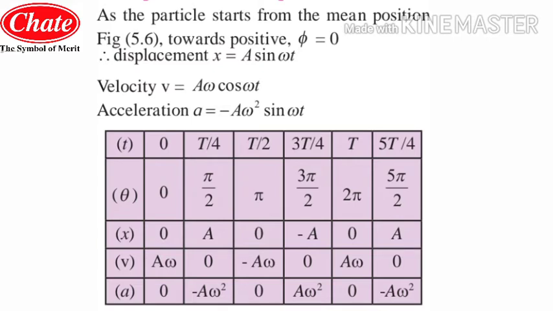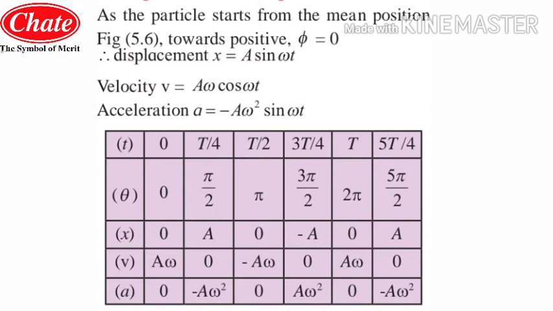Putting this into the equation x is equal to a sine omega t, the term omega t becomes 0, hence the entire term a sine omega t becomes 0. Thus the first displacement, when time t is 0 and theta is 0, is x equal to 0.